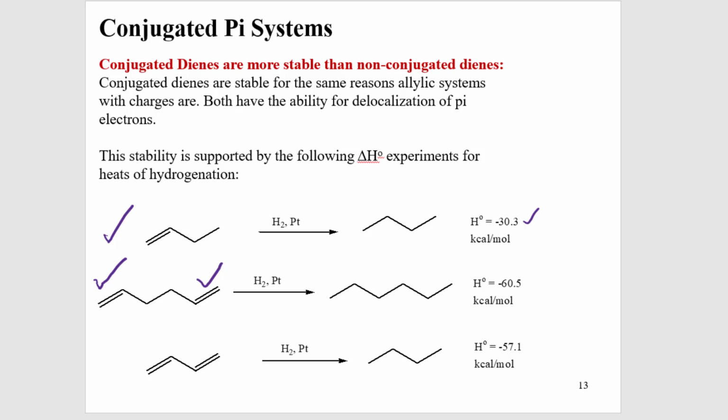So it should be about negative 60.6. And look at, this is experimental. That is exactly what they see, right? So 2 double bonds on a molecule, hydrogenation, you're going to get double the heat released, negative 60.5 measured kilocalories per mole.